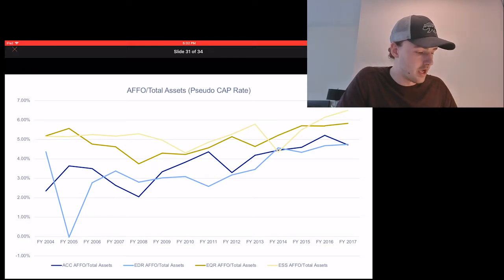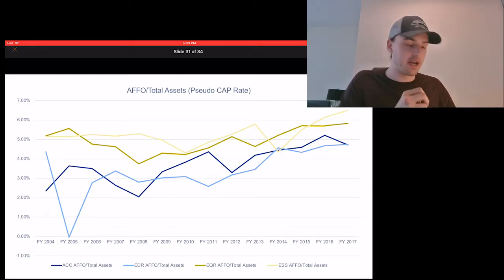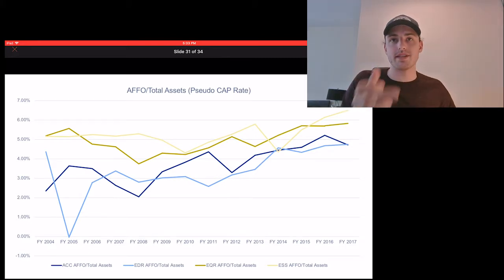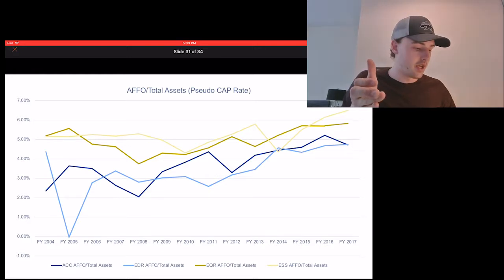And further, unlike private real estate firms, public entities are required to revalue their assets every year. Therefore, this ratio is actually telling you more than what a private firm could about their ongoing capitalization rates, because both the income and the asset prices are properly adjusted to market rates at the end of each period.